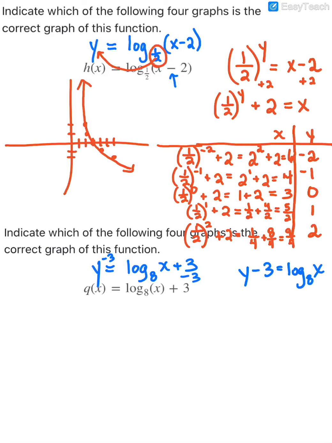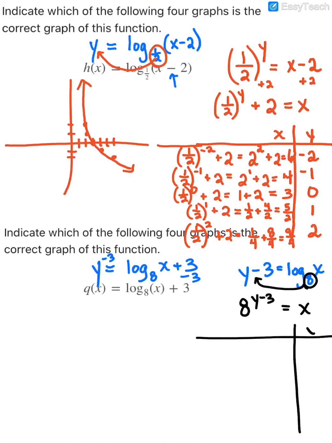And now when I go to exponential form, 8 is my base, it is raised to the power of y minus 3, and then I would say that's equal to x. So once again, it's going to be easier in this case if you choose your values of y to plug in so that you can figure out the x's that go with it. And again, I'm going to use -2, -1, 0, 1, and 2.